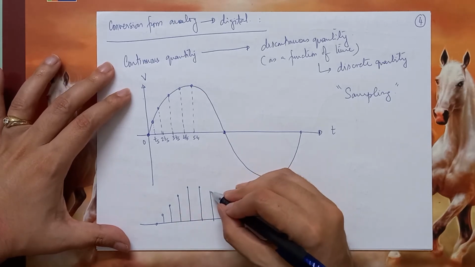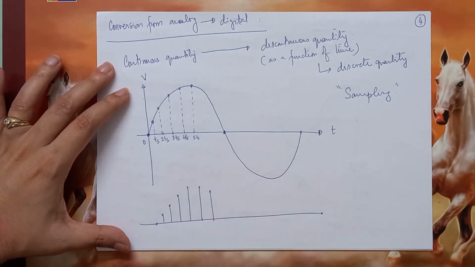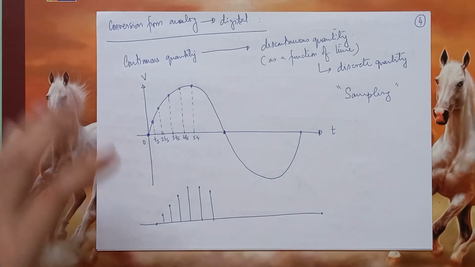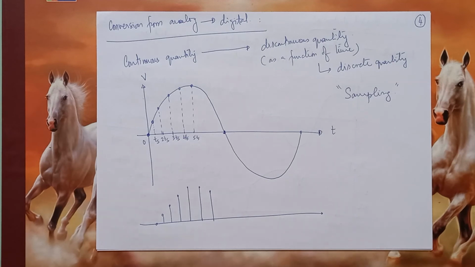So if I observe these samples over a period of time, I can say that yes, it is indeed a sine wave. But if I reduce my number of samples, I will lose complete knowledge of the actual nature of the signal, and that is disastrous.